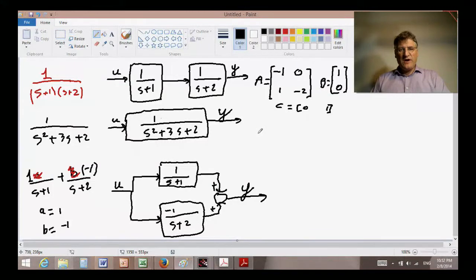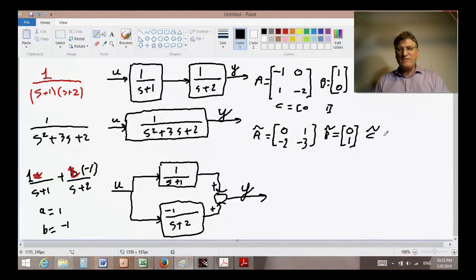Now this one naturally leads itself to A tilde is equal to 0, 1, and then minus 2, minus 3, and B is equal to 0, 1. I put a tilde to differentiate it from the previous one, and C tilde is equal to 1, 0.